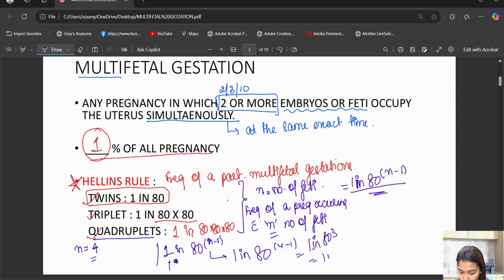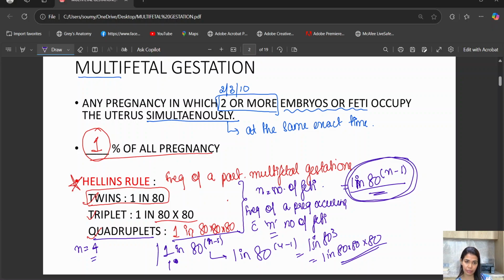So that is 1 in 80 into 80 into 80, which is the same as this. Got it? So this is Hellin's rule. This 1 in 80 raised to the power n minus 1.